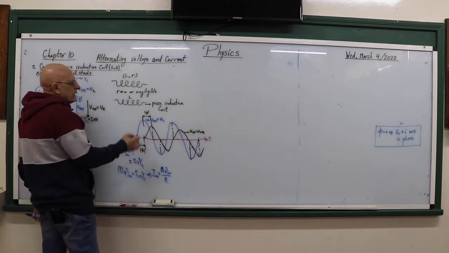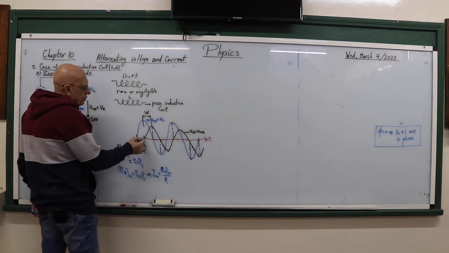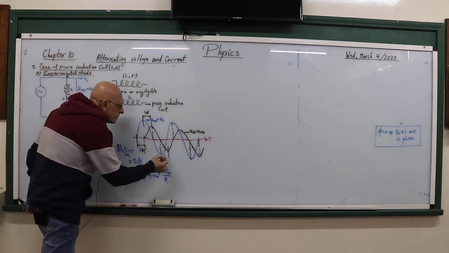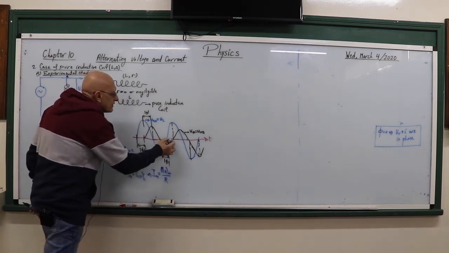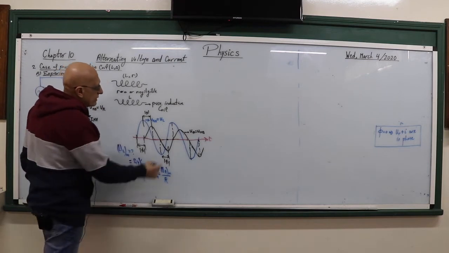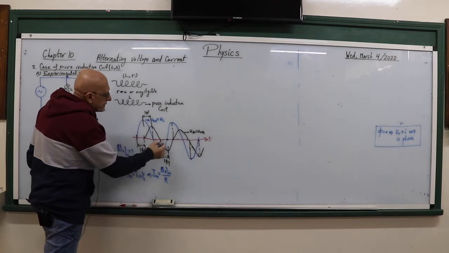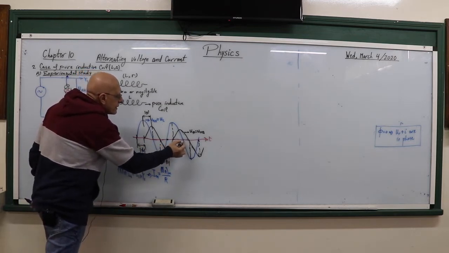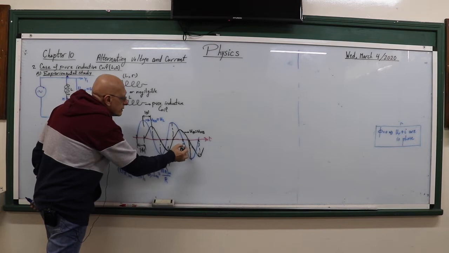So it is between two consecutive maximums, or two consecutive minimums, or two consecutive zeros when the voltages are increasing, here, or when the voltages are decreasing like this. This can also be considered phi.